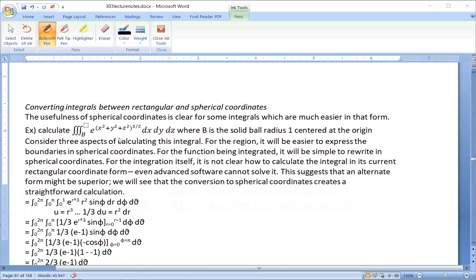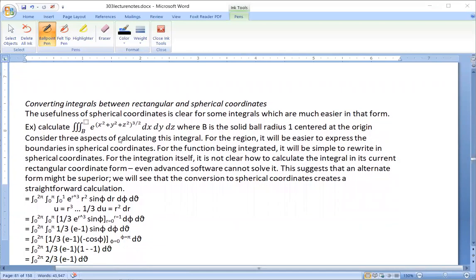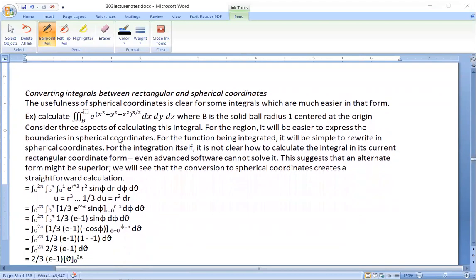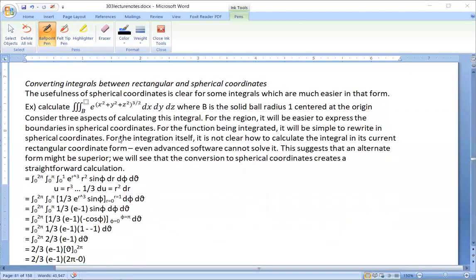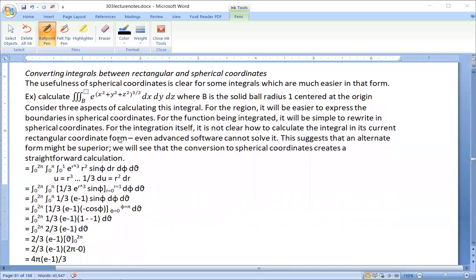Subtracting and combining constants, that gives you 2/3 (e minus 1). That's all the constants, so integrating d theta, you just get 2/3 (e minus 1) times theta, and now evaluate that as theta goes from 0 to 2 pi, and you get 2/3 times (e minus 1) times 2 pi. Combine it, and you just get 4 pi (e minus 1) over 3.